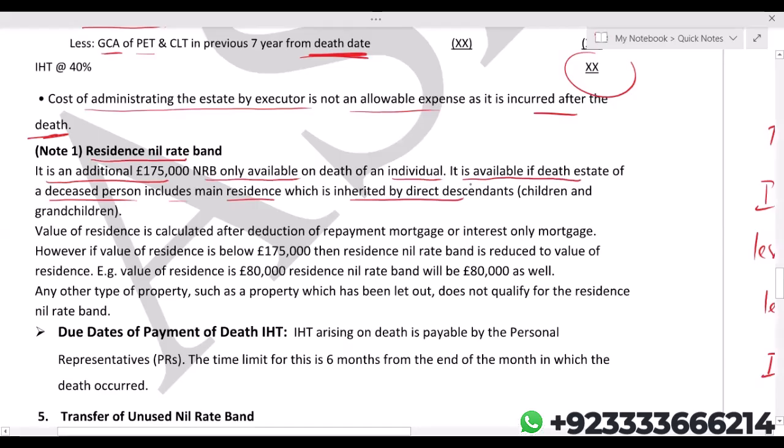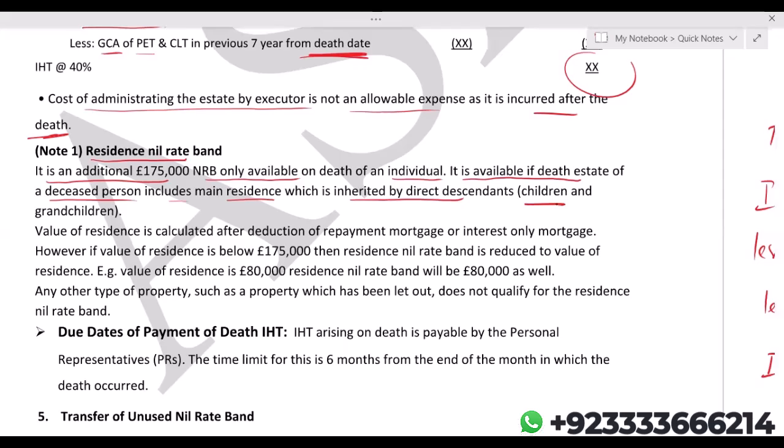This is very important. When the main residence is left for the direct descendants, then the residence nil rate band of 1,75,000 will be available. And who comes in direct descendants? Children and grandchildren.